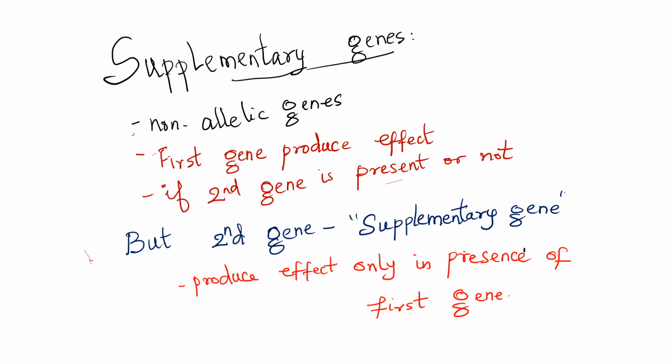Of the two genes, let us take the first gene, gene A. It can produce the phenotype, that is the effect, whether the second gene is present or not. But the second gene cannot produce the effect in the absence of the first gene. It can produce the effect only in the presence of the first gene. Therefore, it is known as the supplementary gene.